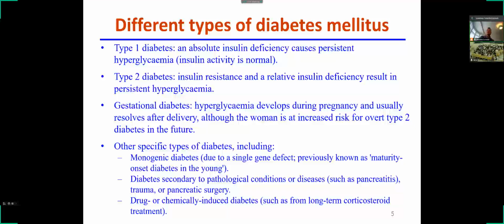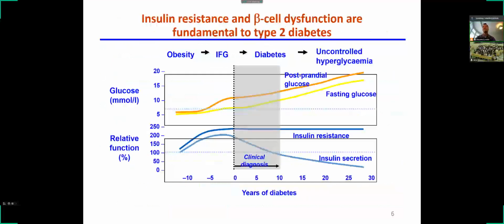And you can get drug or chemically induced diabetes, such as from long-term corticosteroid treatment. So these are side effects from long-term treatment. But all of those have the same phenotype, and that is insulin resistance with relative insulin deficiency, not absolute.